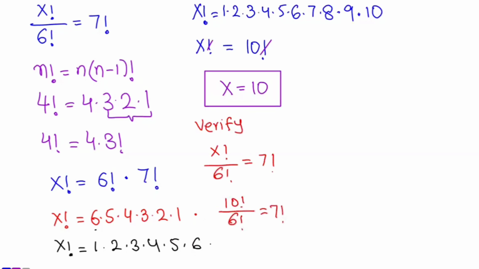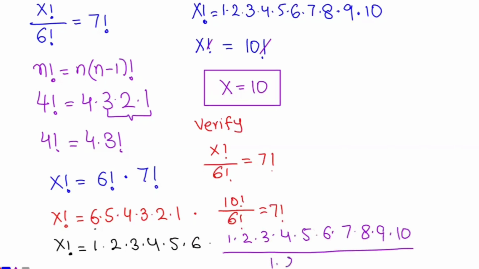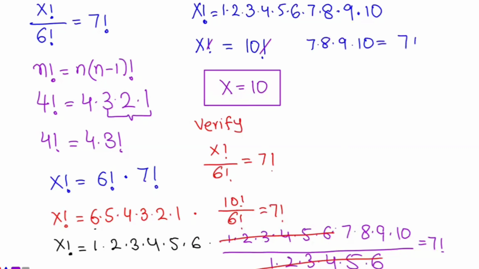Now in replacement of this 10 factorial, I will write 1 times 2 times 3 times 4 times 5 times 6 times 7 times 8 times 9 times 10 over 1 times 2 times 3 times 4 times 5 times 6 is equal to 7 factorial. Here this till here and this get cancelled. So the remaining expression I get is 7 times 8 times 9 times 10 is equal to 7 factorial.